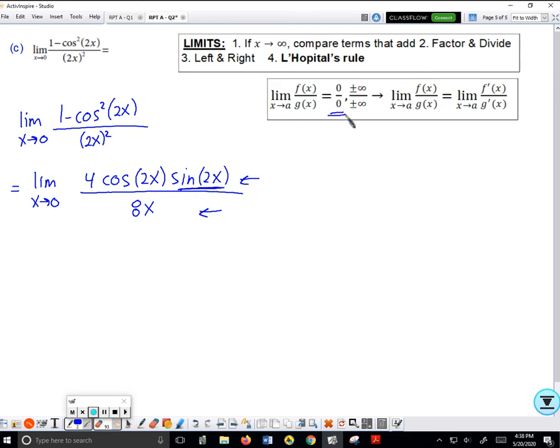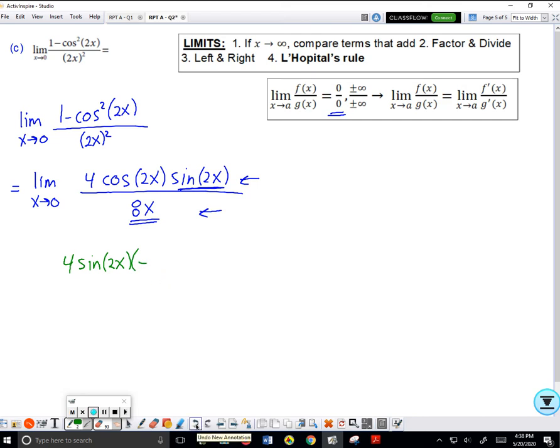We have to use L'Hopital's rule twice. So I have to take another derivative. Good news is, though, the derivative of the bottom is going to be 8, so that will help. So now I take the derivative of the top using the product rule. So that's going to be the sine of 2x. Remember, the 4 just tags along being a multiplying constant. Derivative of the cosine is the negative sine. We've done this already.